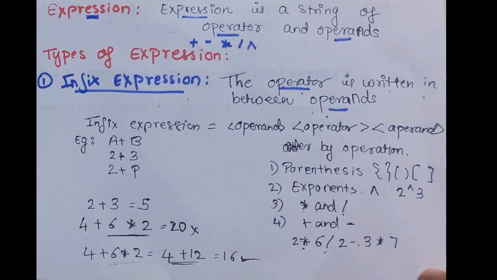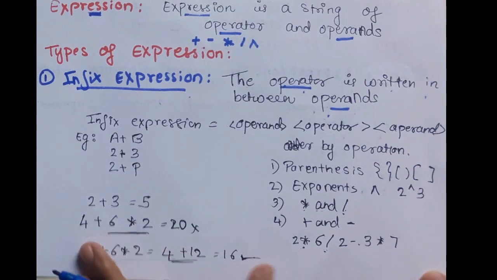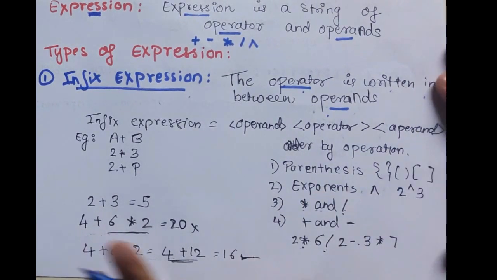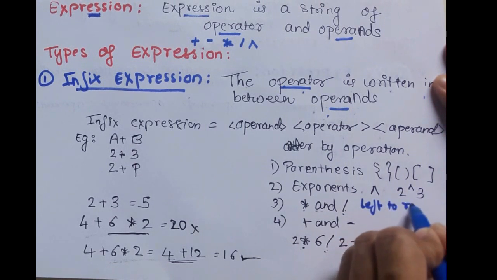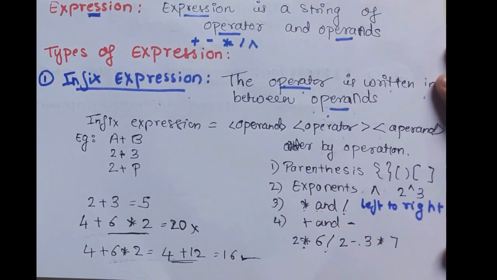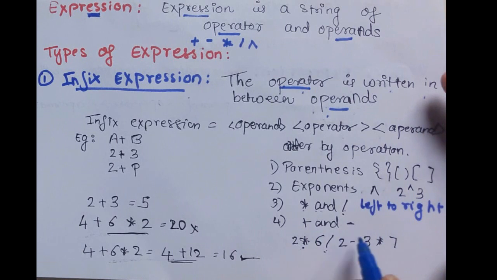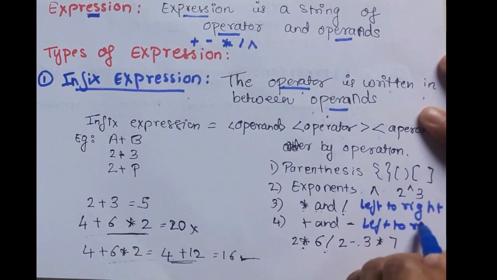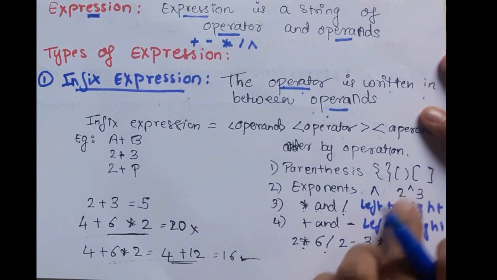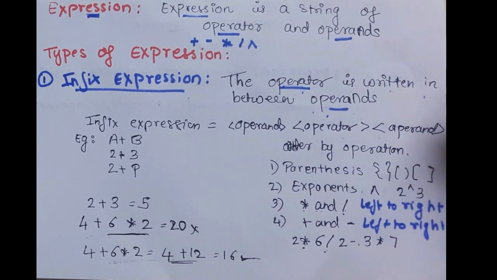Now, the question is whether to perform multiplication first or division. For this reason, there is one more rule, that is the associativity rule. We know that multiplication and division have left to right associativity. Similarly, plus and minus have left to right associativity. So by using this associativity rule, we can say that multiplication will be performed first.